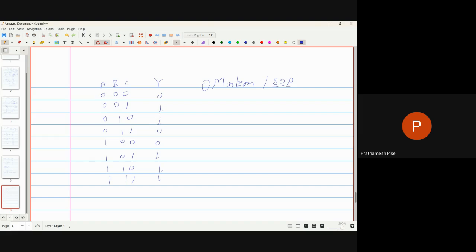If we can make an equation that will be high only for these 5 specific cases, otherwise zero, then that equation is the equation of this truth table.